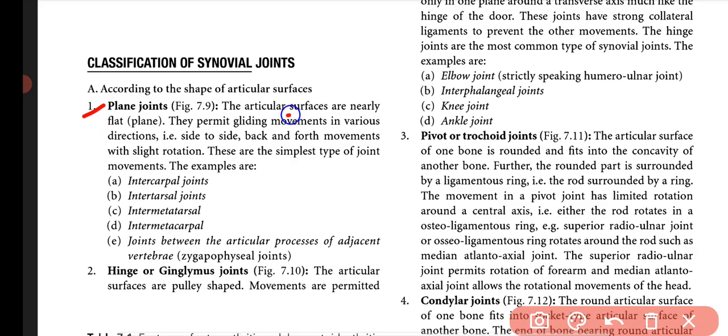Here the articular surfaces are nearly plane in nature. They permit gliding movements in various directions, side to side or back and forth. Examples: intercarpal joint, intertarsal joint, intermetatarsal joint, intermetacarpal joint.